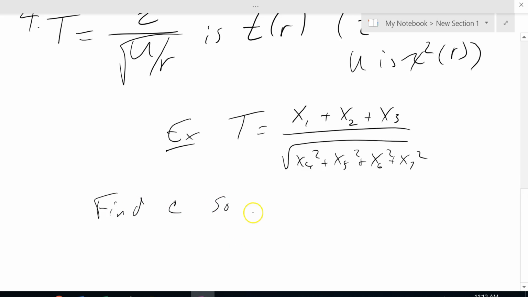And I ask you to find C so that C times T is a T distribution.